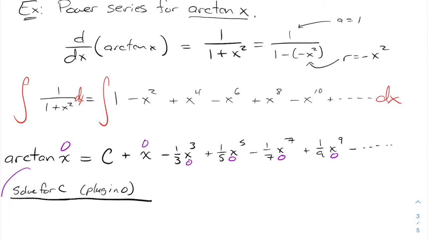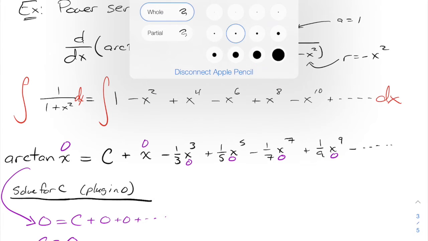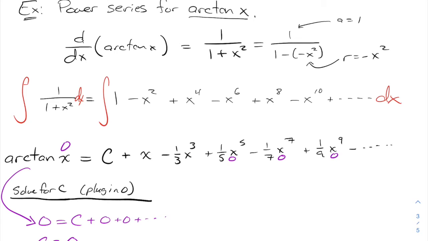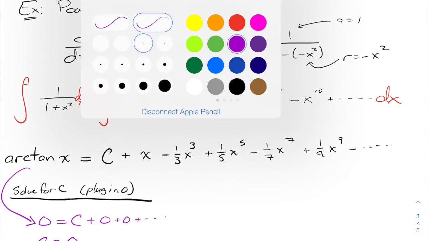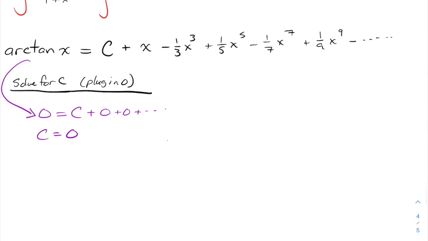Arctan of 0 over here is just 0. And on the other side, all these things are just c plus a bunch of zeros. So we get c is 0. So I'm going to go back and erase all these little zeros, just because they're cluttering things up. And so now we can write this.